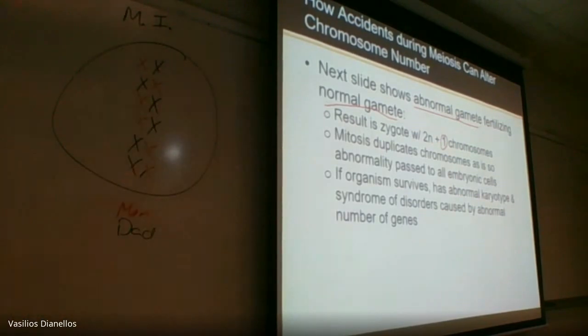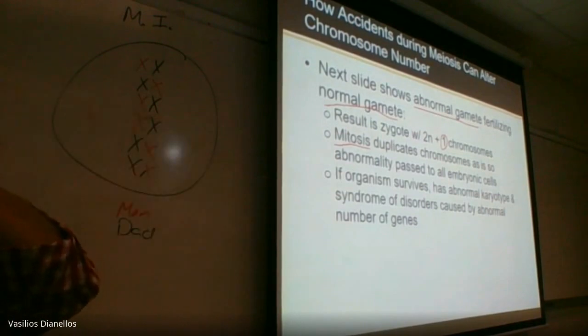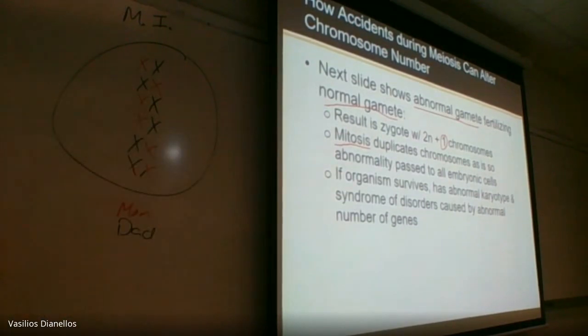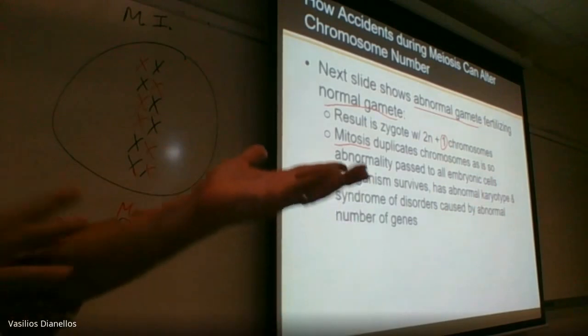So because we're using mitosis, that mistake, that extra chromosome, is getting copied every time. That means every single cell in that person's body is going to have an extra chromosome. That is completely different than, let's say you're on vacation at Chernobyl and you get exposed to some really bad radiation in your arm or something.